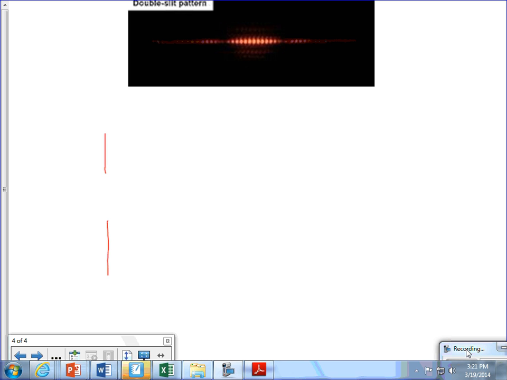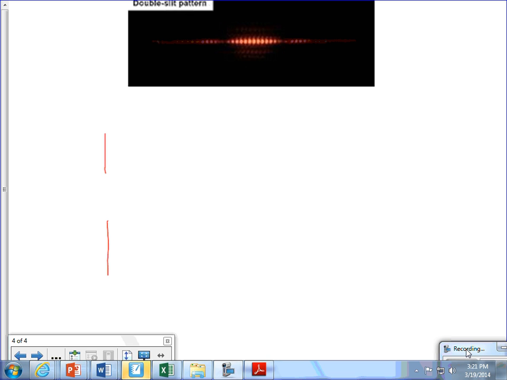With that in mind, we can look at the slit not just as a slit, but as literally an infinite number of places in space. Even though these slits can be really skinny, there are still an infinite number of places within that slit.